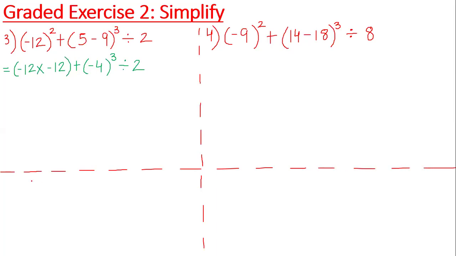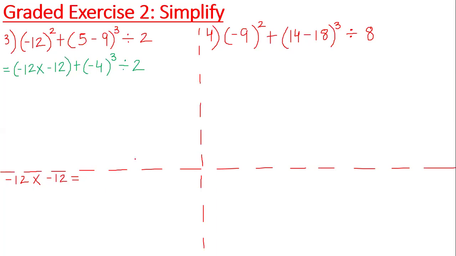All right, so we have negative 12 times negative 12. What does that give us? Positive 144.